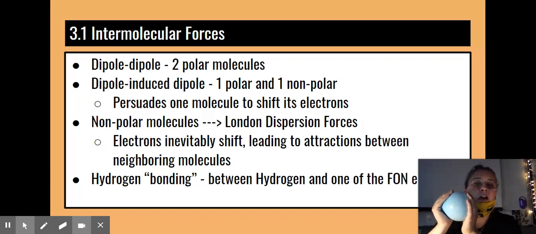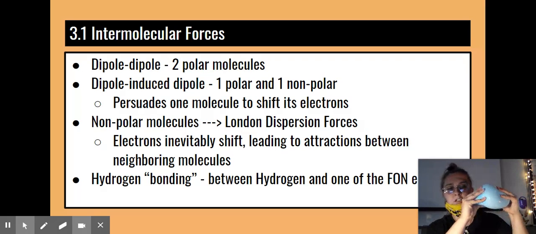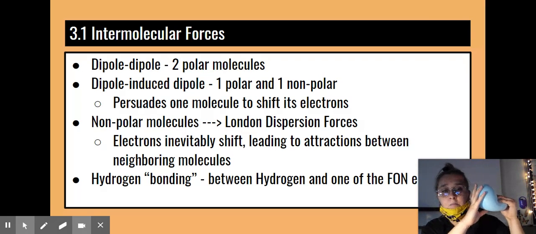But in the case of a dipole-induced dipole, the polar molecule can actually cause a shift in the electrons within a molecule. And so keep in mind, electrons aren't stagnant, right? They're constantly moving, and the electrons in molecules can actually shift around, much like how I can shift the air inside this balloon.